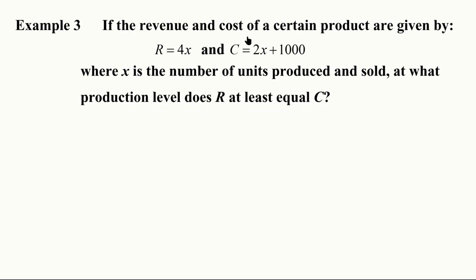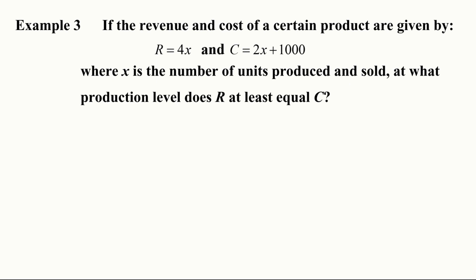All right, if the revenue and cost of a certain product are given by R equals 4x and C equals 2x plus 1,000, where x is the number of units produced and sold, at which production level, that just means the number of units, right? Does R at least equal C?